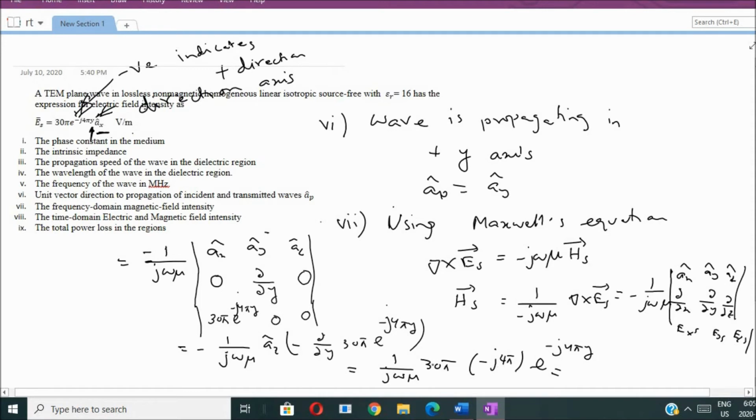We cancel out j and j, so this is 120 pi square over omega mu e to the power negative j4 pi y az. So it has az here too.